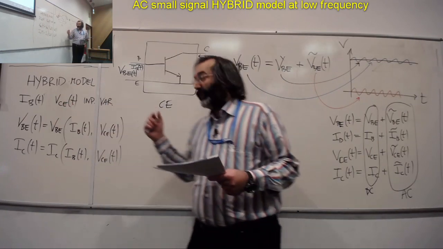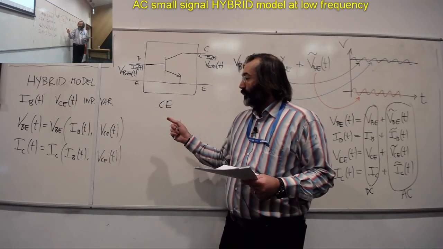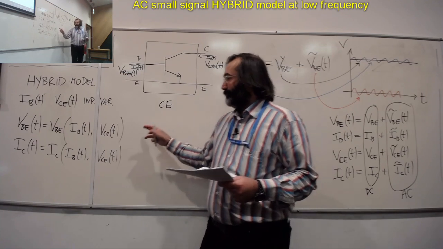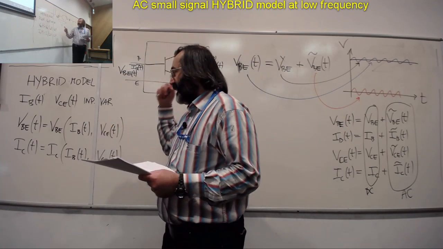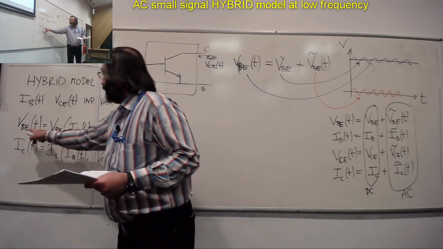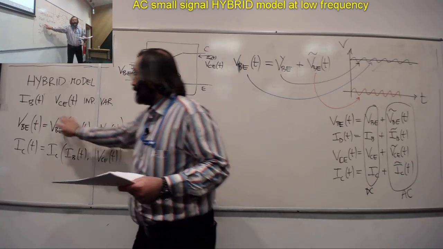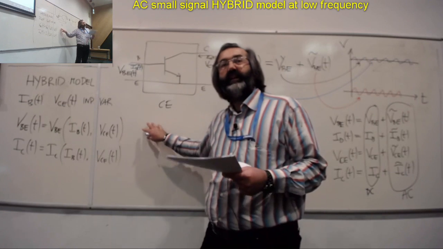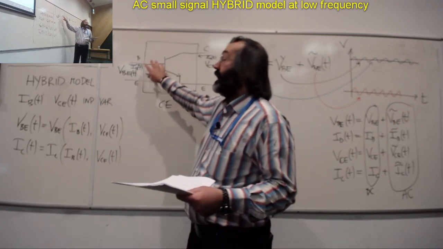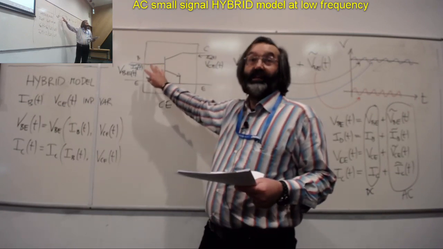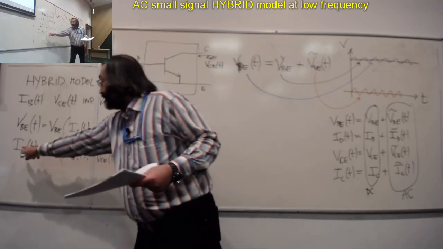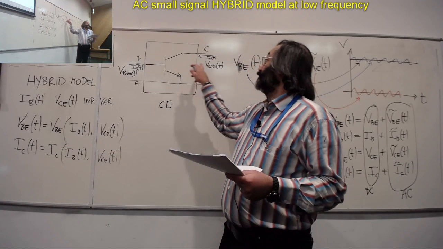Before we move on, though, we need to remember that VB is on the input port. So whatever we will do here will be telling us how the input port looks like. This instead relates to the output port.